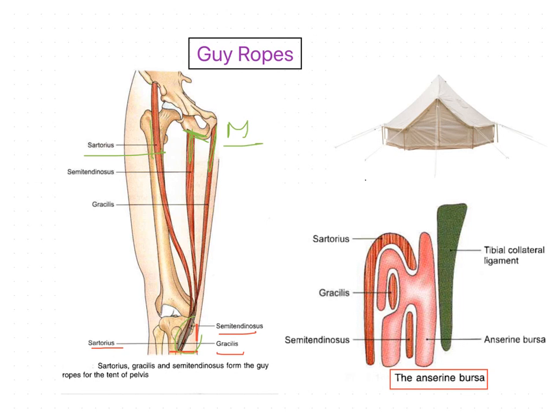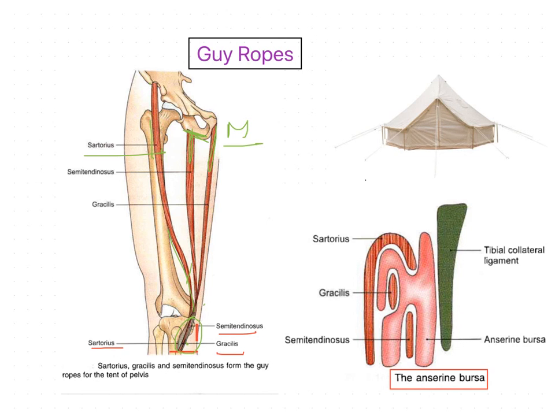That is at the medial side of the leg, that is the tibia, and they spread out above. So here the tendons are anchored at the medial side of the tibia, on the anterior medial side of the tibia, and above it they spread out.